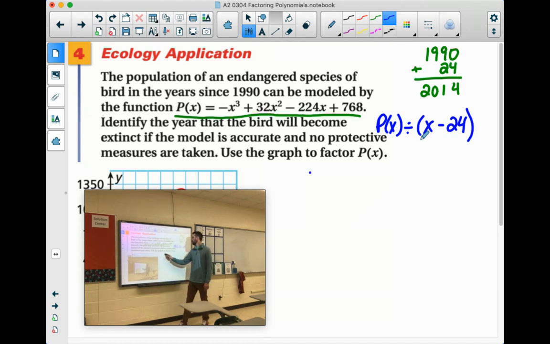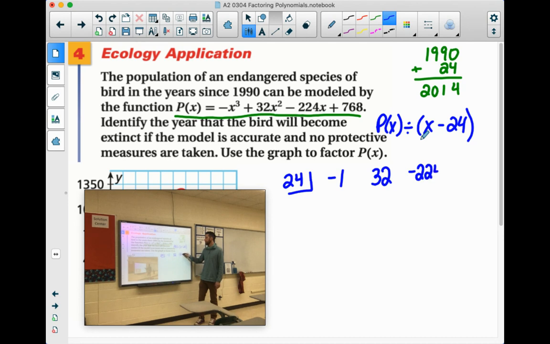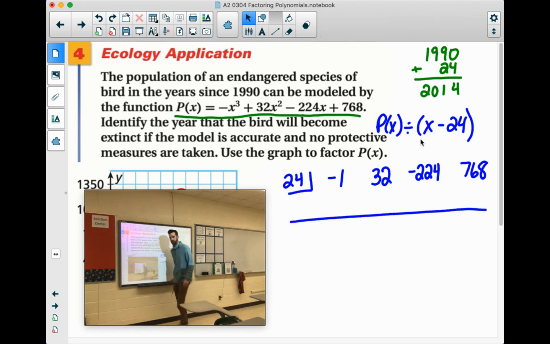So we'll put 24 over here with our synthetic division. We have negative 1 x to the third, 32 x to the second, negative 224 x to the first, and 768. I'm going to go ahead and get my calculator ready.